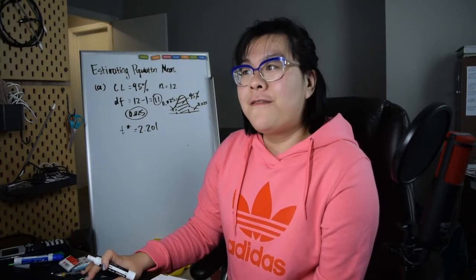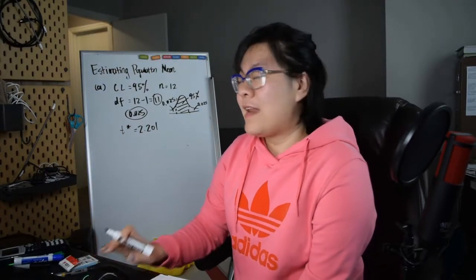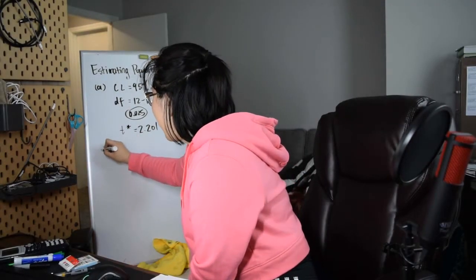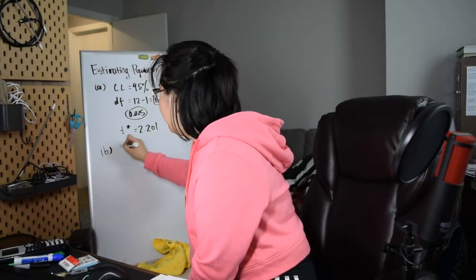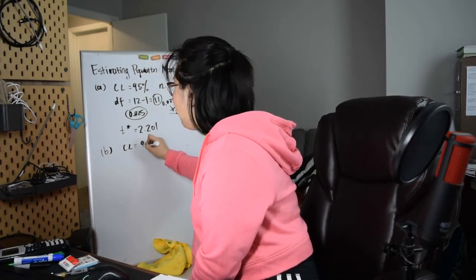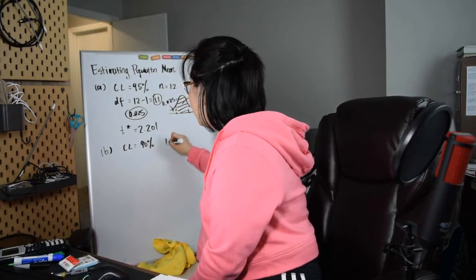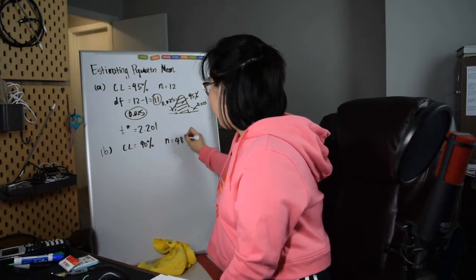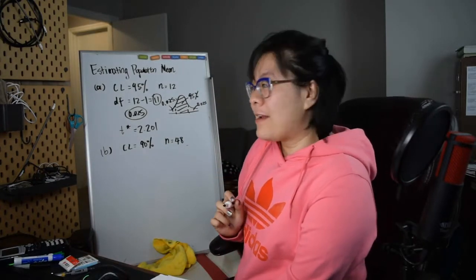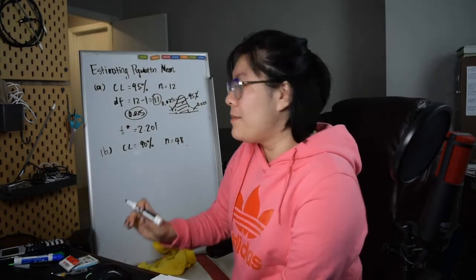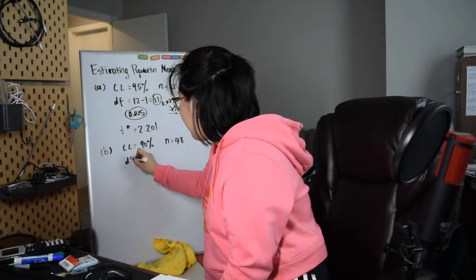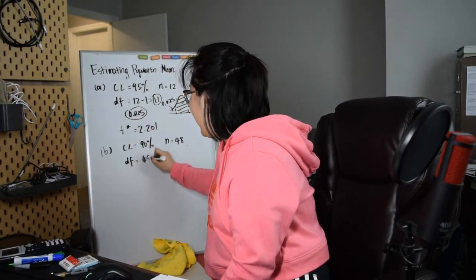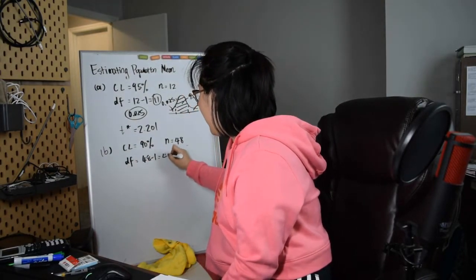For B, it's the same thing. Our confidence level is 90%, and the sample size n is 48. Again, you find the degree of freedom, which is 48 minus 1, which is 47.